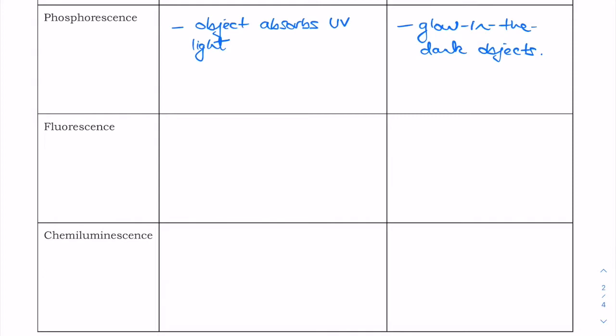Recall, that's ultraviolet light. And as it's doing this, it's absorbing energy. Eventually, it gives off some of this energy in the form of visible light. This process usually occurs slowly, which is why glow-in-the-dark objects can glow in the dark for a while.